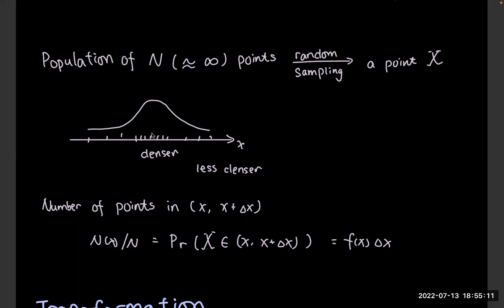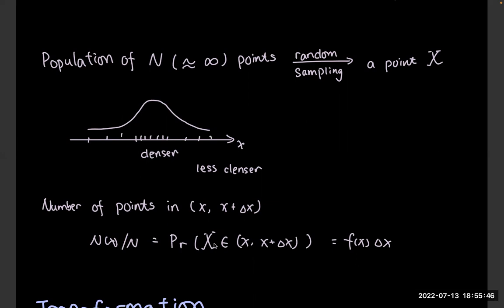However, if you randomly sample a point from this population of points and let X be the point that you get, then the probability that the point belongs to this small bin will be the population proportion of this small bin, okay? So we are just talking about, again, axiom 0 in probability theory. That is, if you randomly sample a person from the population, then the probability is the population proportion. So that's the basic idea.